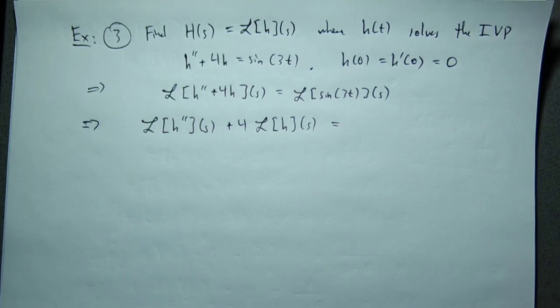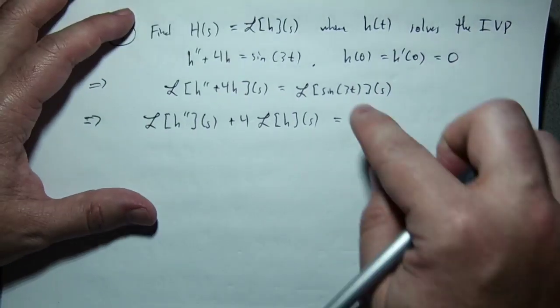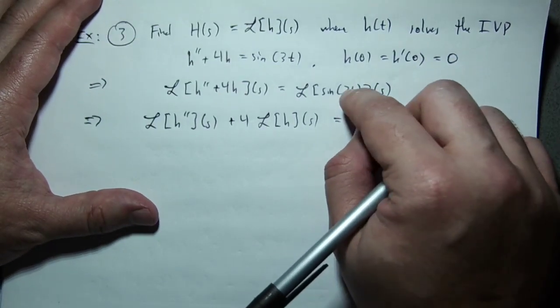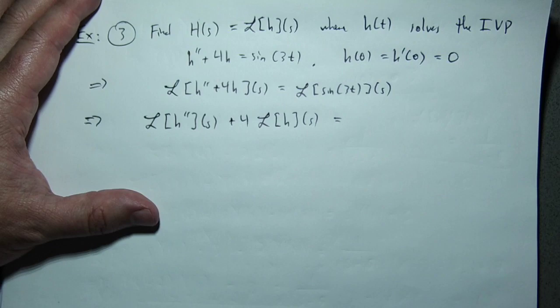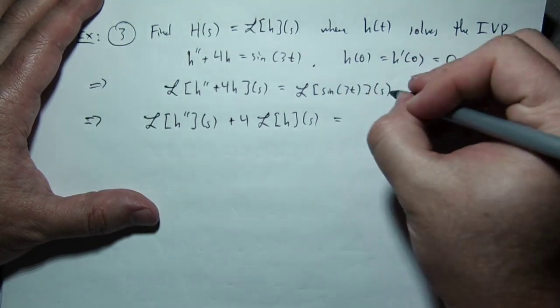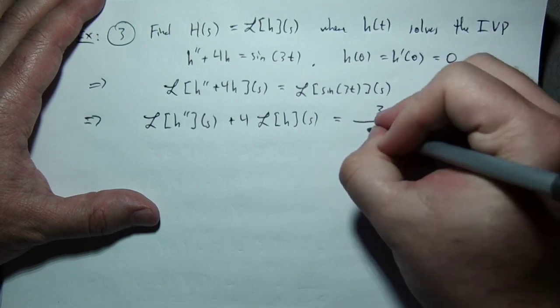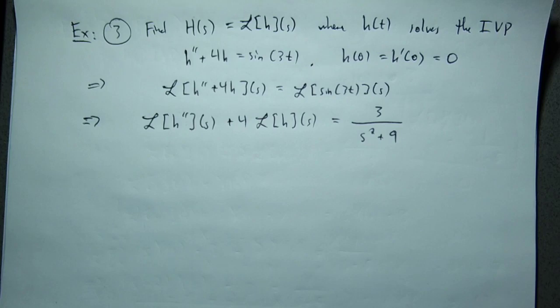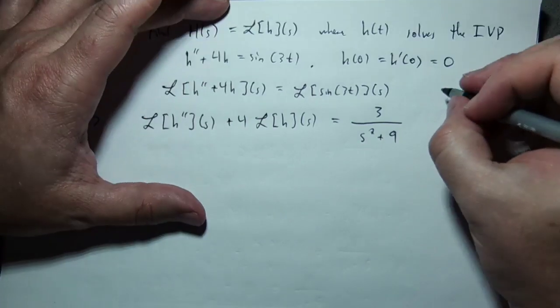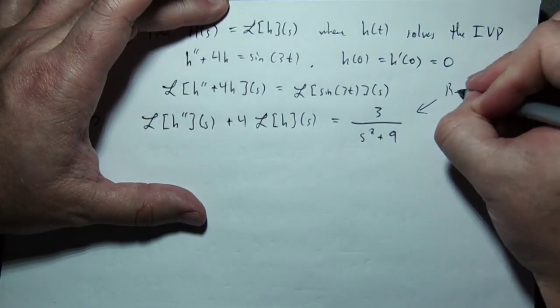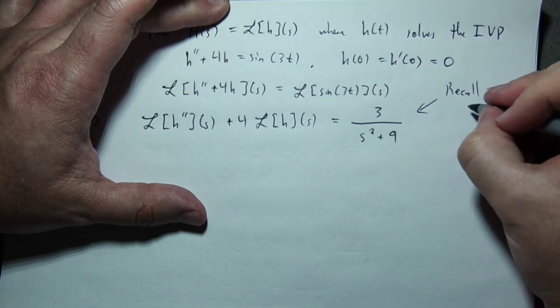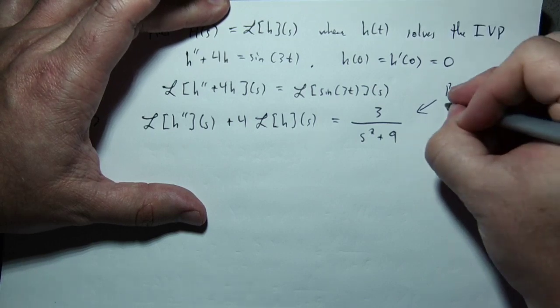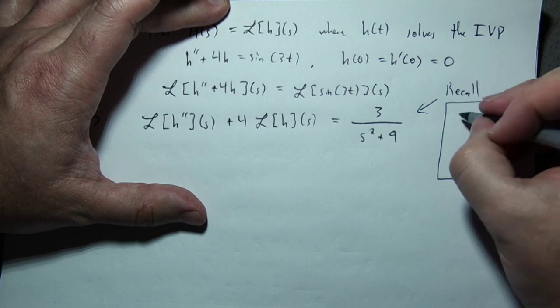So you might remember from the last time, this is b, right? We did sine and cosine of bt. So 3 is equal to b here. So this is 3 over s squared plus 3 squared, which is 9. Right? Recall that this is from last time, or if you're reading along in the table, that's fine.